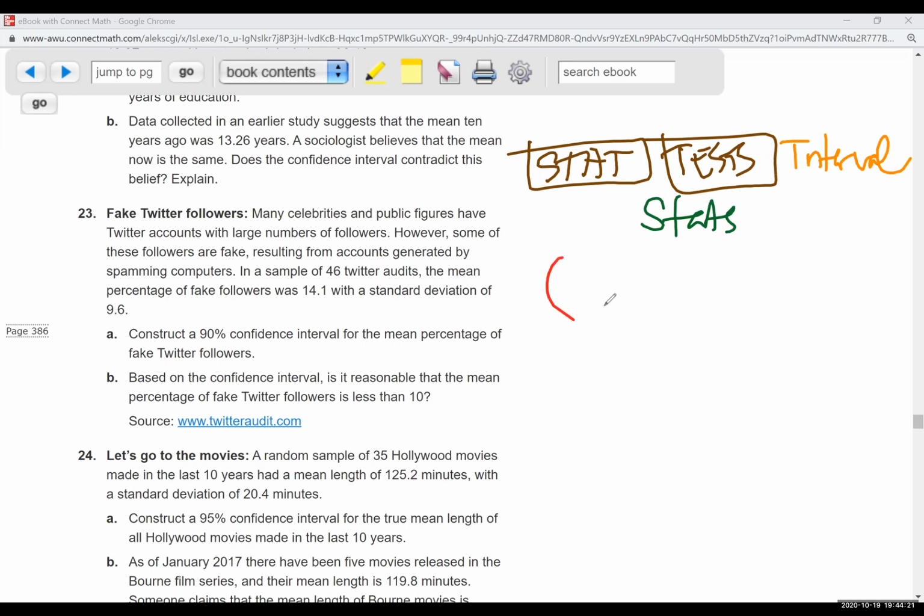What's your answer? Mean 14.1, standard deviation 9.6, n is 46, C-level is 90%, so that is 0.9.